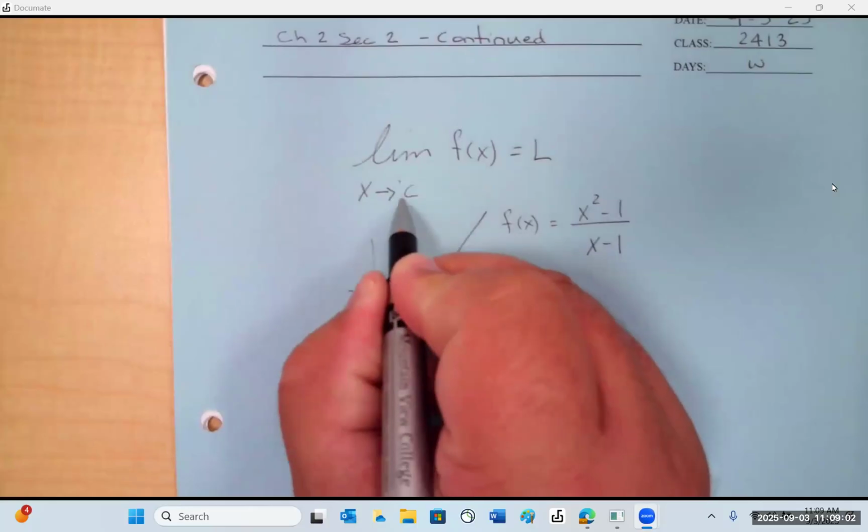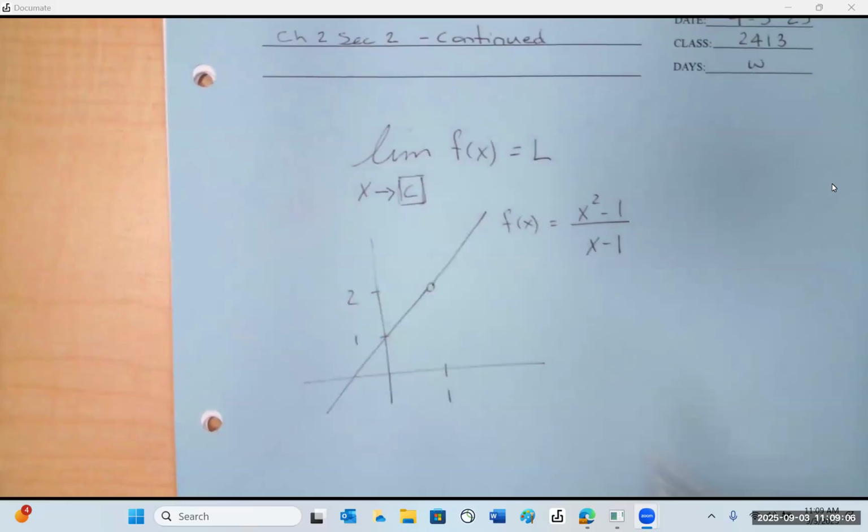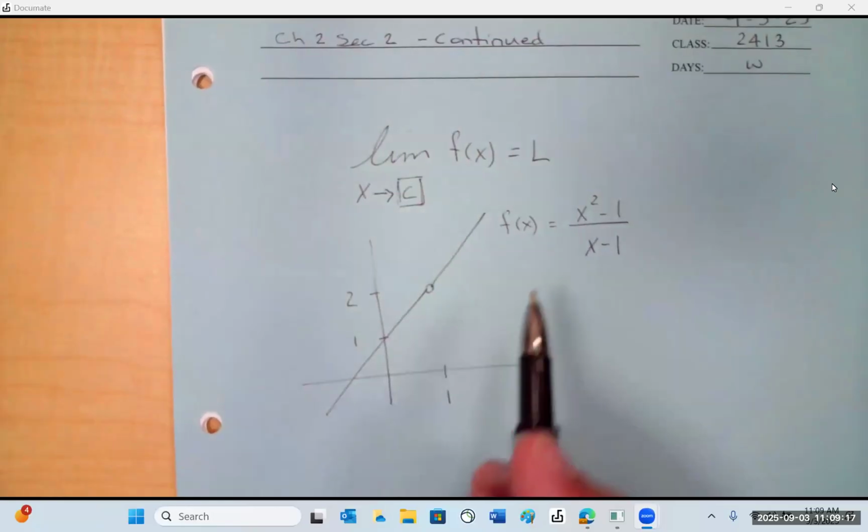The c value that you're looking at is typically the x value where trouble occurs. The function's undefined, the function blows up, or something like this. What happens in this case?